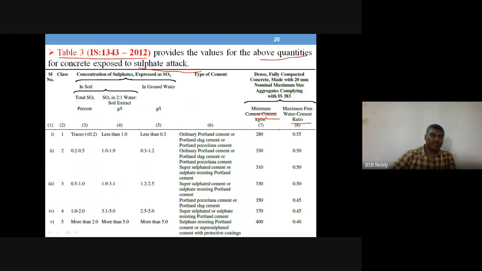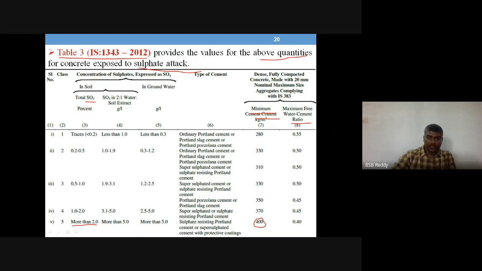If the sulfate attack that you find falls in these 5 categories, it is divided into classes: class 1, class 2, class 3, class 4, class 5, where sulfur trioxide is taken as the measuring quantity for sulfate attack severity. If sulfur trioxide is more than 2, that is taken as class 5, where the sulfate attack is very high.